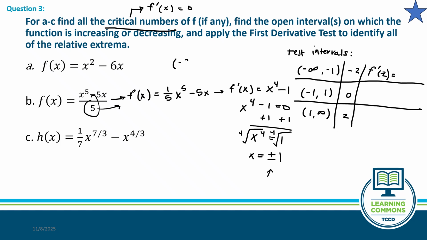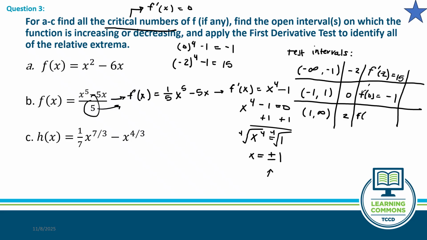So -2 to the fourth minus 1 will give you 15. f prime of 0 is going to give me -1.